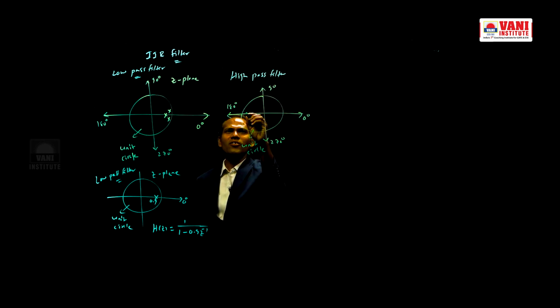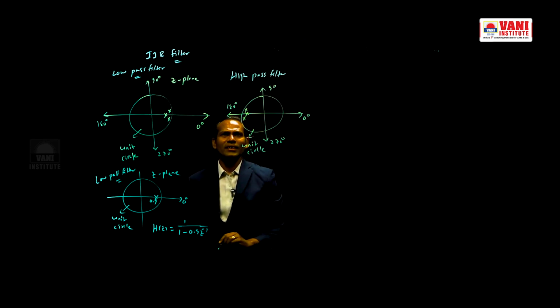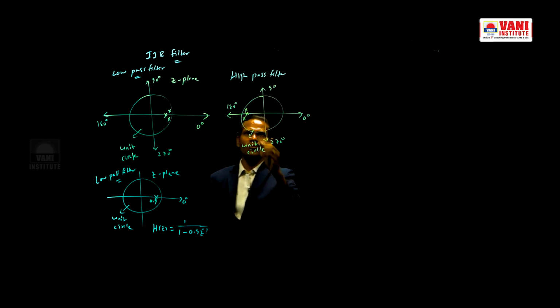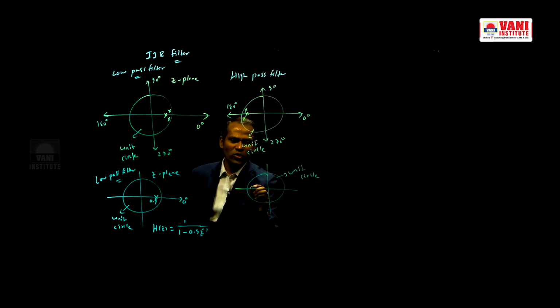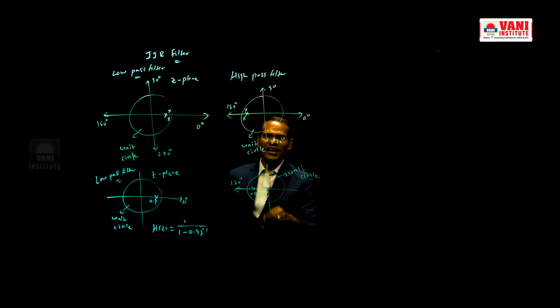If poles are around phase angle pi, then it is a high pass filter. So if poles are here, it is a high pass filter. One simple example is, we have a pole here at minus 0.9, then it is a high pass filter.